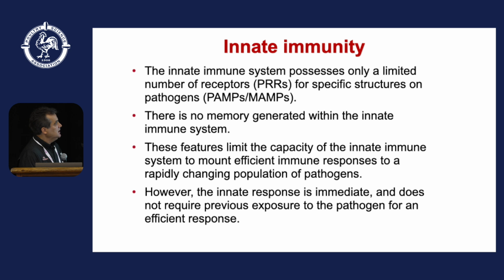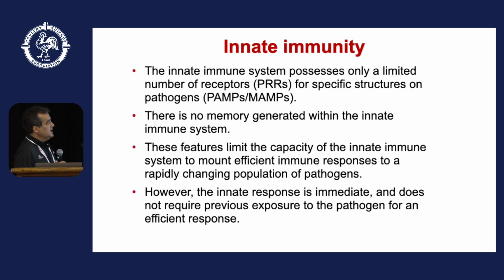One thing very important in the innate immune response is that there's no memory generated. It's like the memory of a fish. You get 5, 6 seconds, and then after that you forget, and you attack the same pathogen with the same response all over again.